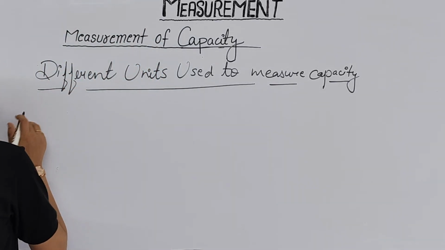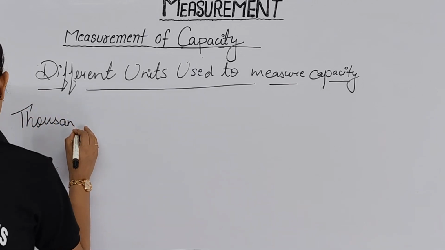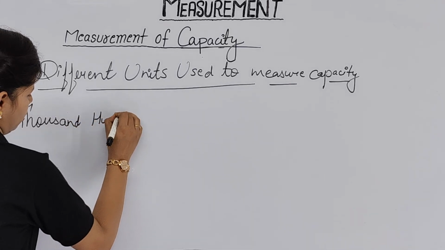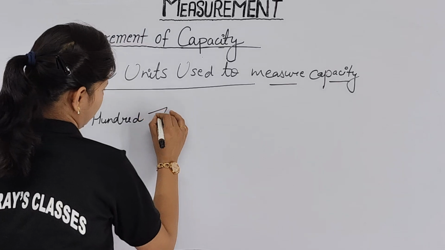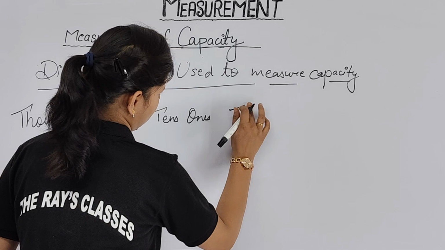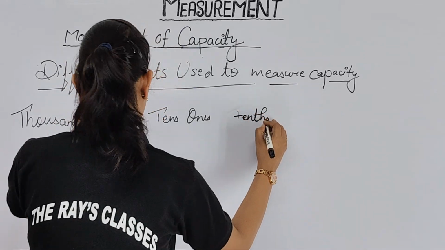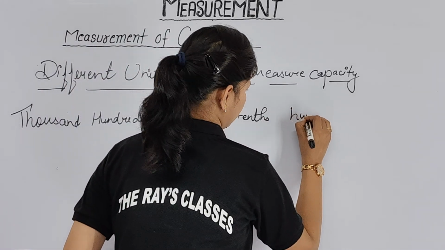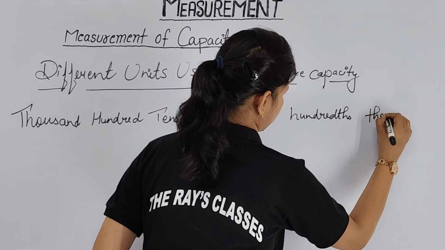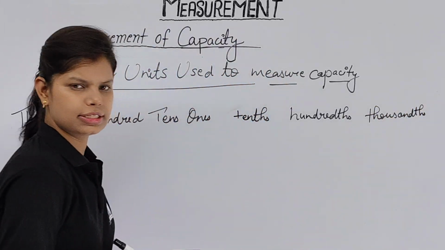All the terms are the same, only the units will be different. 1000, next will be 100, then you have tens, then ones, then the short form of tens, then hundreds, and at last you have thousands. I hope you are clear with this.